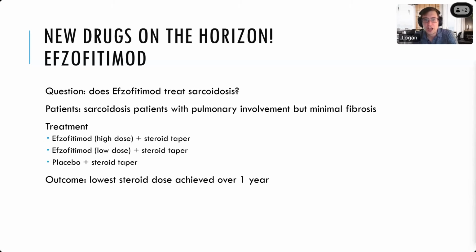In this trial, they are giving patients with pulmonary sarcoidosis efzofitimod at a high dose, a low dose, and a placebo. And all 3 groups are getting a prednisone taper. And the endpoint is how low of a steroid dose are we able to achieve over a 1-year trial.